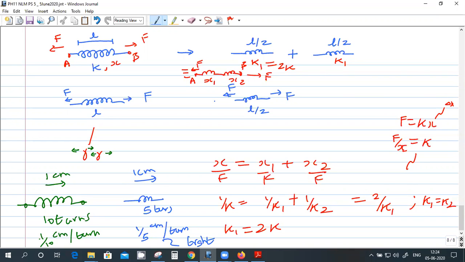Here the force will be F1, and here the force will be F2, and F1 will be 2F2. I have to apply more force to create the same amount of extension. Is it clear? Yeah.